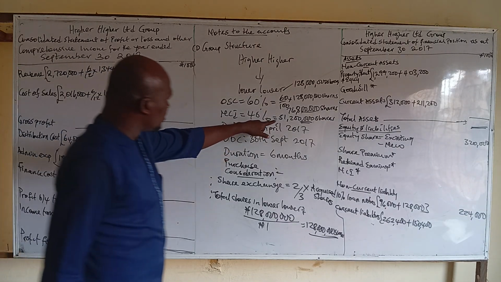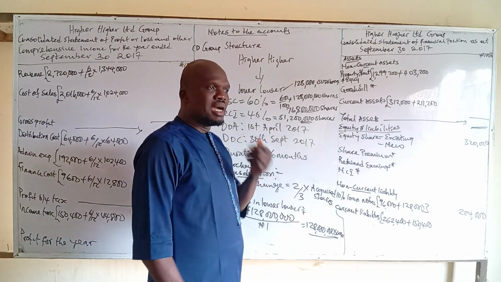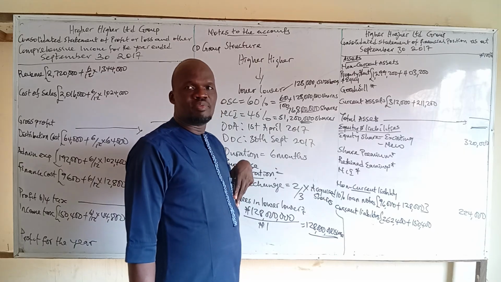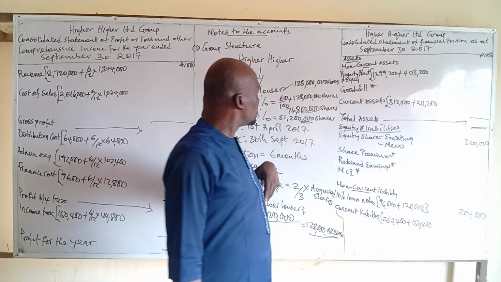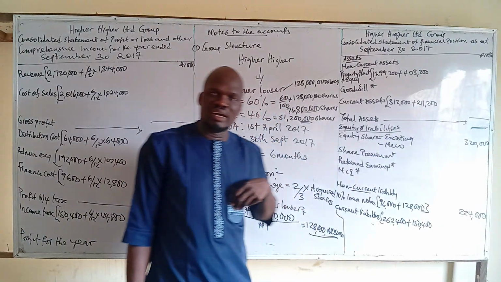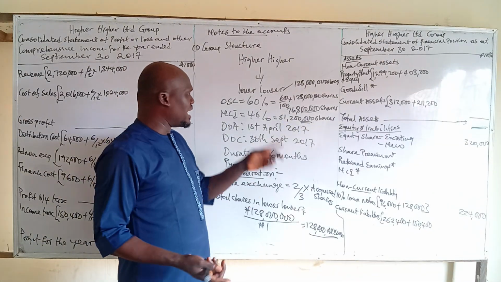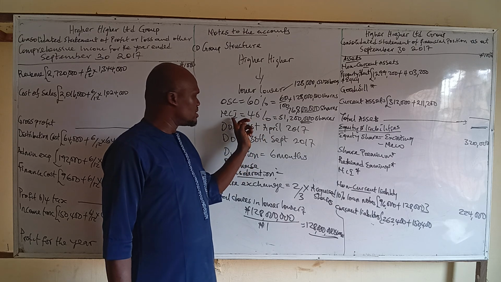At this point, if I want to know the value of NCI, where you are told that NCI is measured at fair value and the market price of the subsidiary share is 3 naira or 1 naira or 4 naira or 5 naira, all you need to do is multiply that market price by the number of shares allotted to NCI.